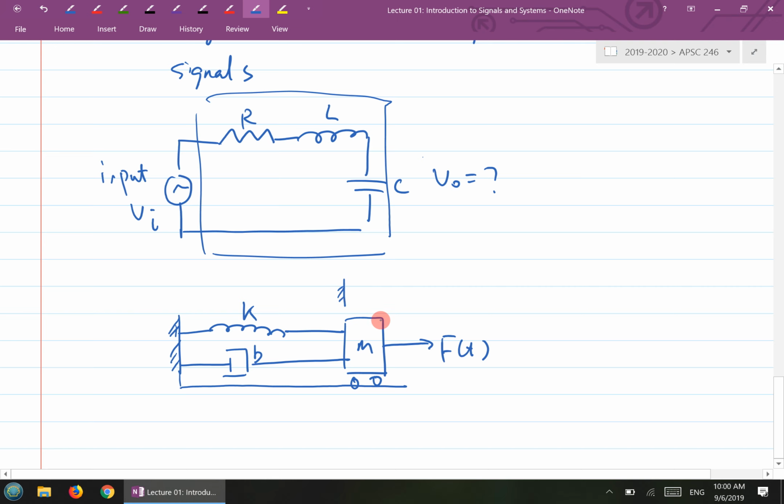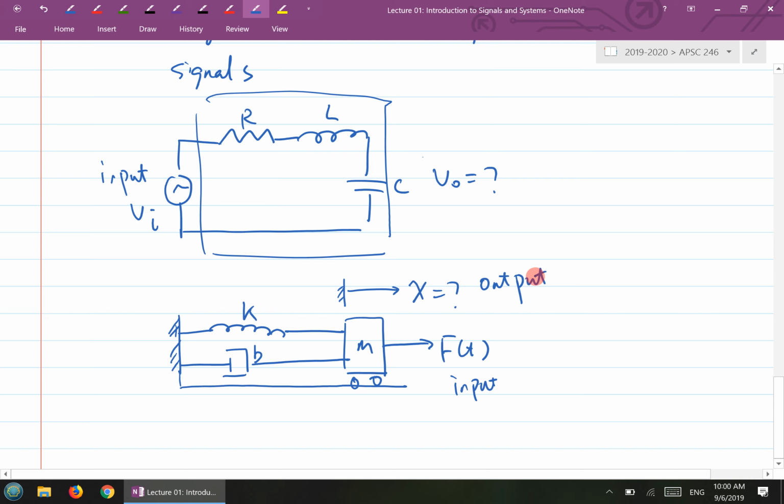If this is the initial stage, how does this mass move around in nature? We represent this displacement of this mass using x. So this x out of here is what we try to obtain. In this case, the x out of here is what we call the output.